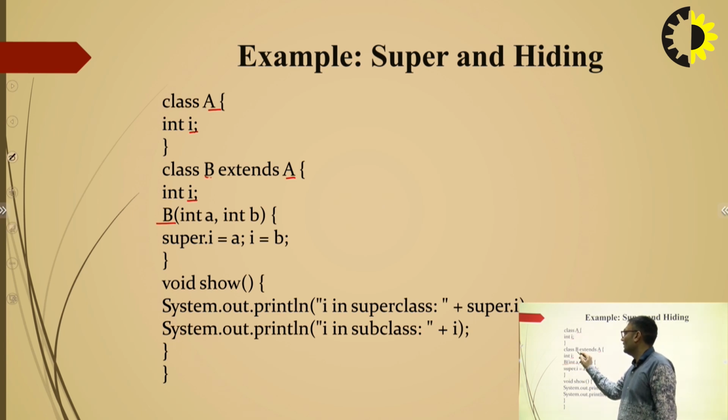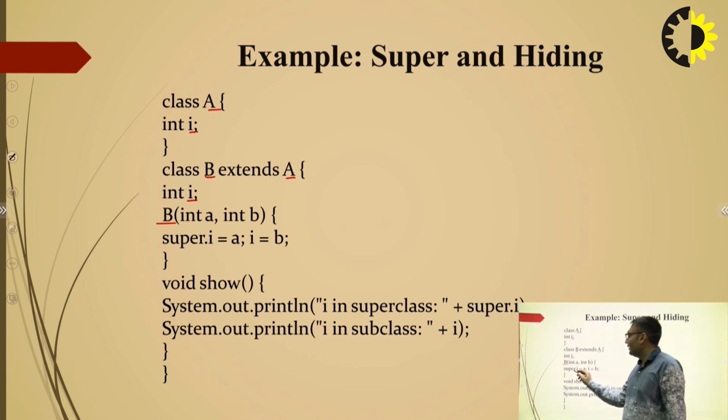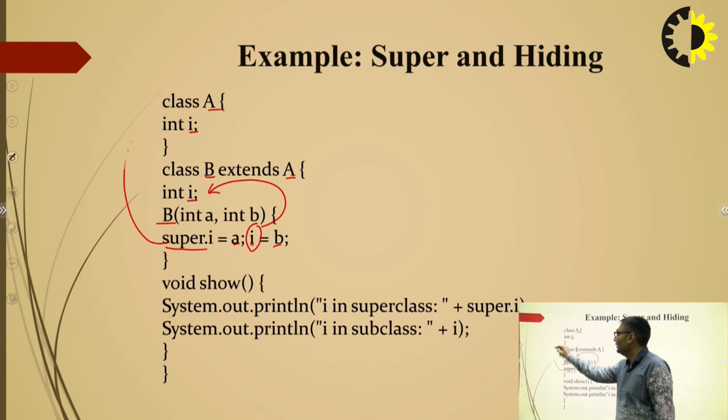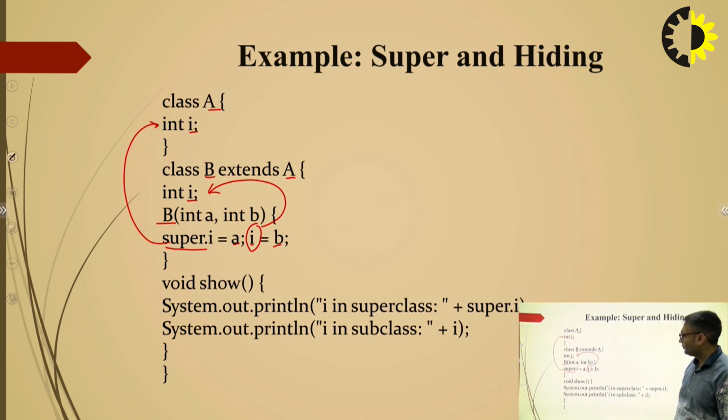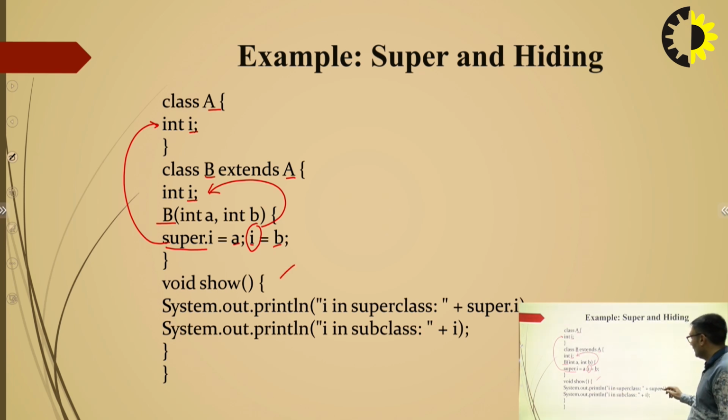It has the same name as its class name, so it is the constructor of class B. I'm writing super.i equals A or i equals B. If I assign i equals B, then this value will be referred to, and if I write super.i, then this i will be referred to here. The void show method just displays the values: super.i will display the value of class A, and only i will display the value of class B. So this is the role of super.